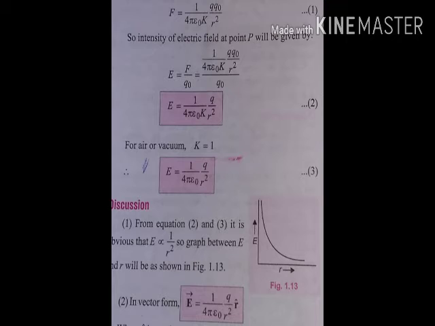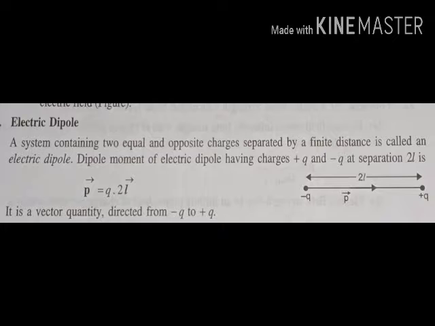Second, in the vector form, vector E is equal to 1 upon 4 pi epsilon naught, Q upon r square, into unit vector r, where r is the unit vector directed from the source charge +Q towards the test charge +Q0.